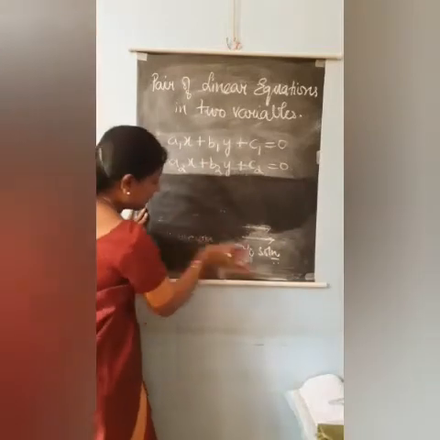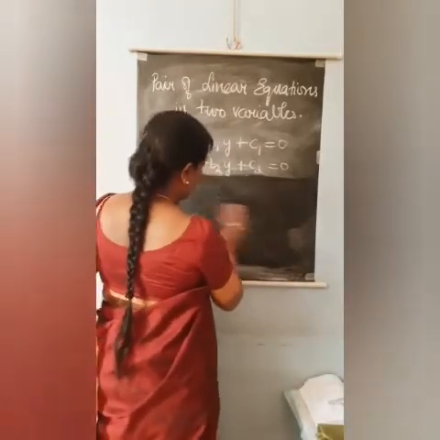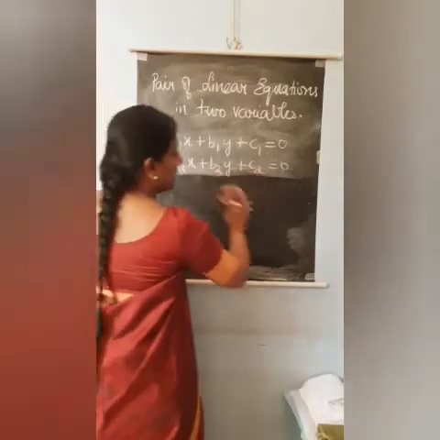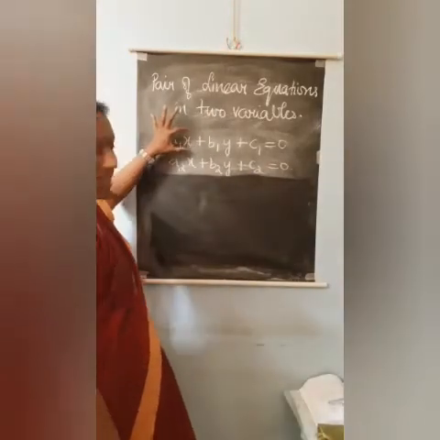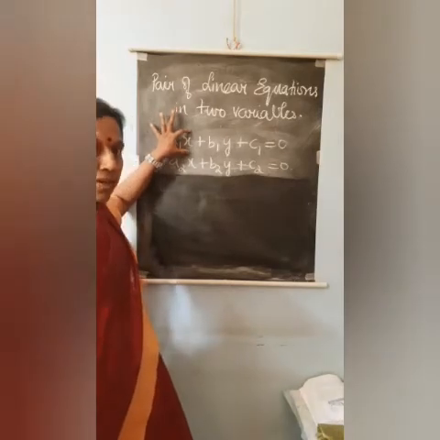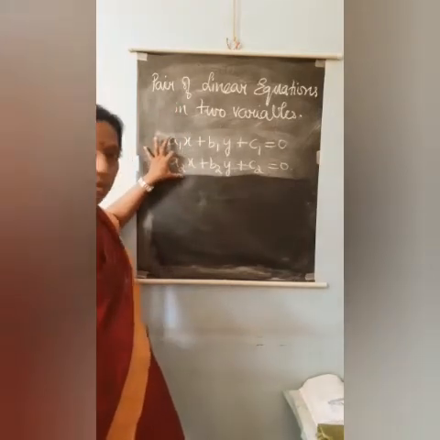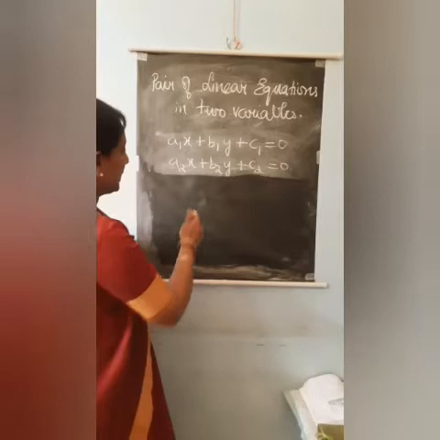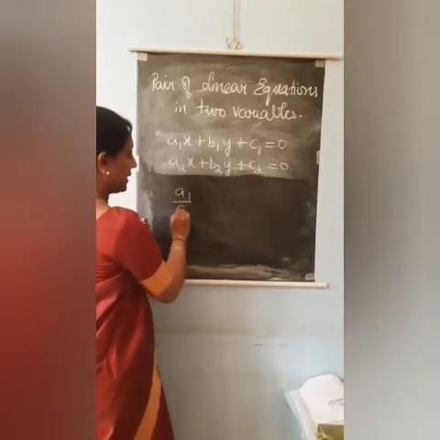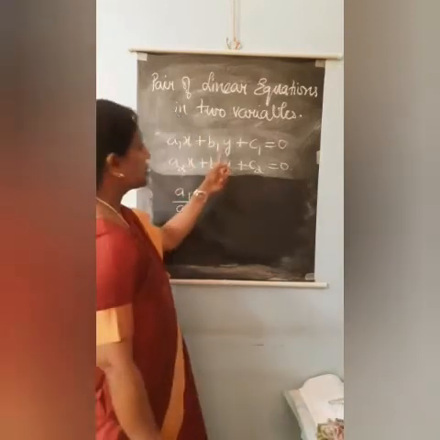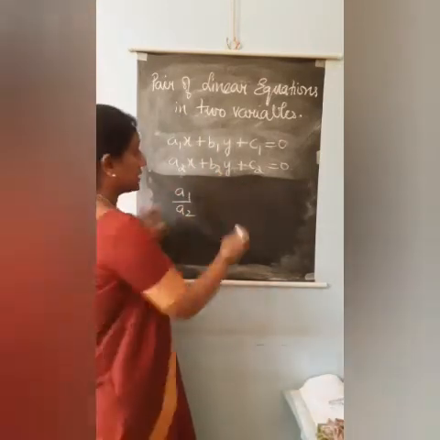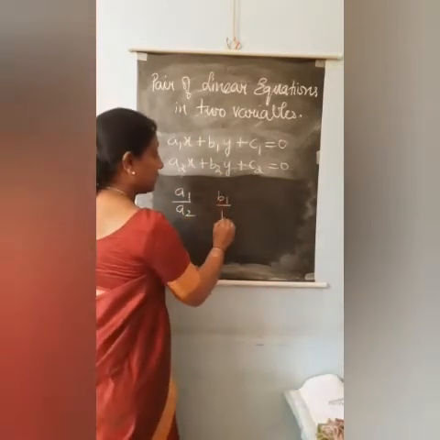Now let us go to the algebraic interpretation of these lines. When we compare the coefficient of x of this equation and the coefficient of x of this equation, we get a1 by a2. When we compare the coefficient of y of this equation and this equation, we get b1 by b2.